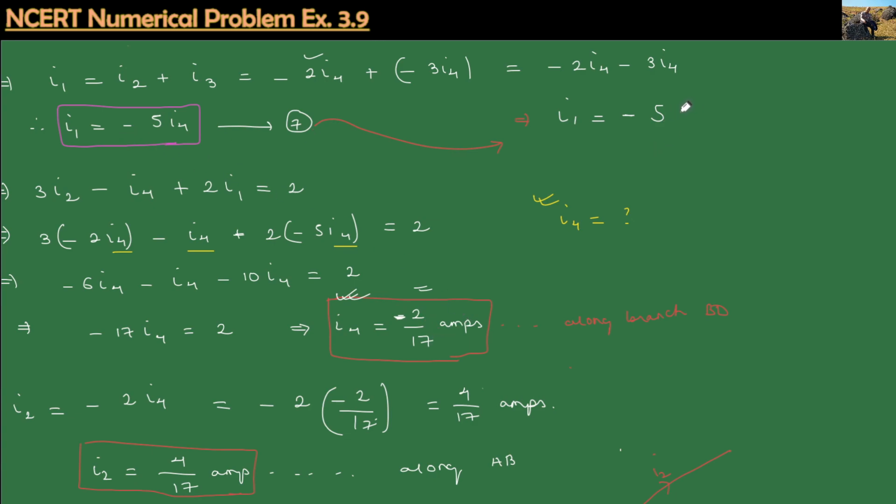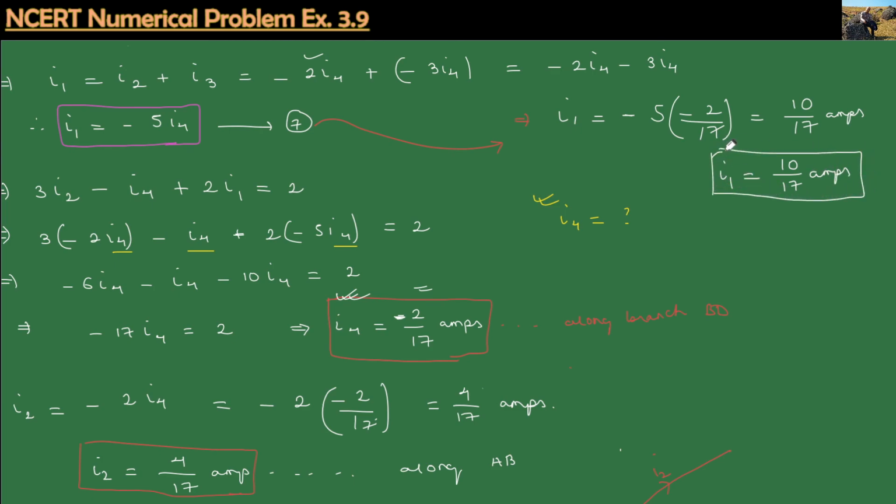From here, if you put that minus 2 divided by 17 amperes, minus times minus will give you plus, and 5 times 2 will give you 10 divided by 17 amperes, which means we got the same result. So I1 will be equal to 10 divided by 17 amps.